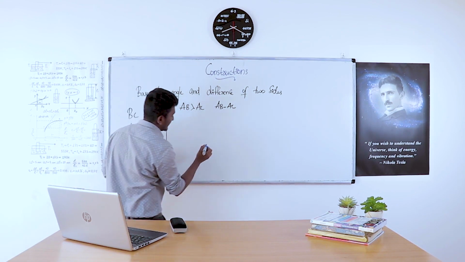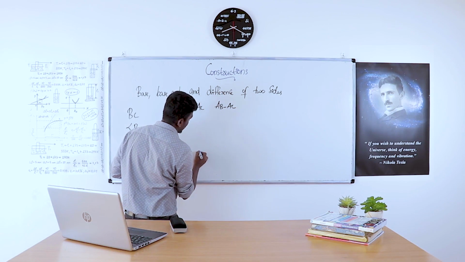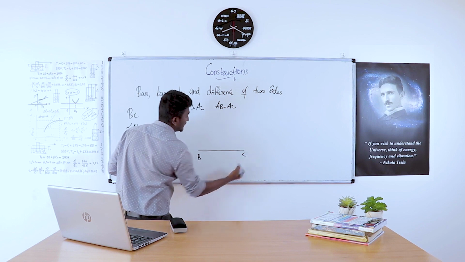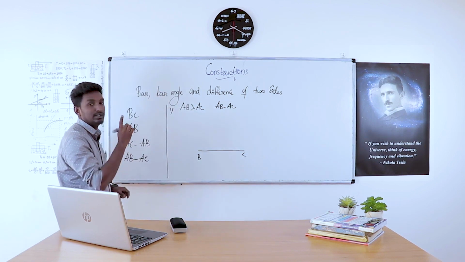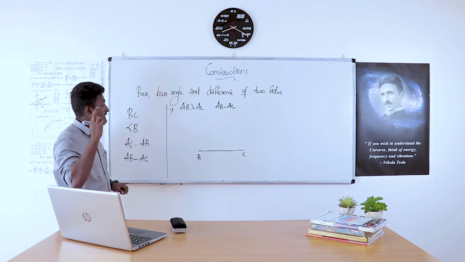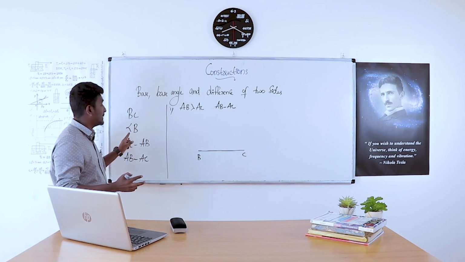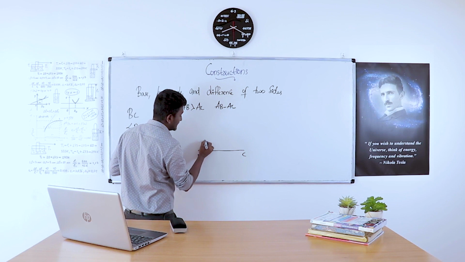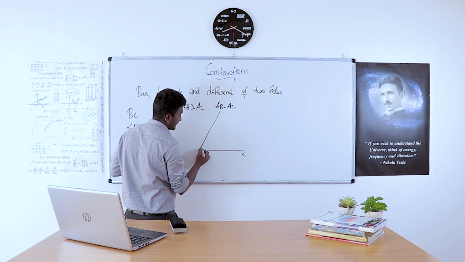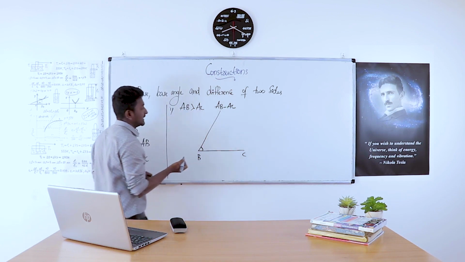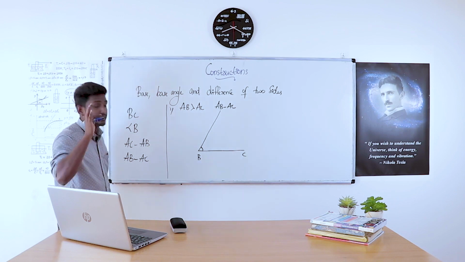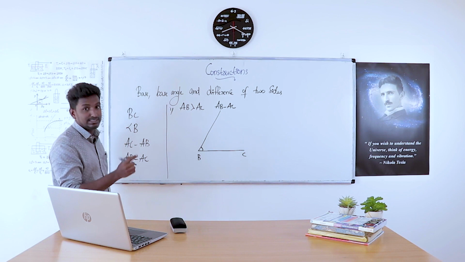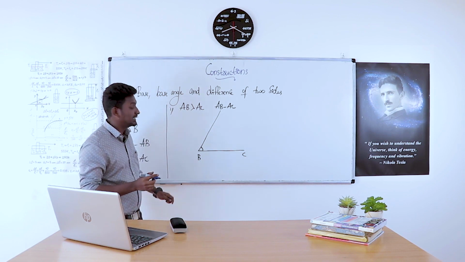Step 1, we have to draw the base BC. Step 2 is to draw the base angle B. Now the third step is to draw AB minus AC.